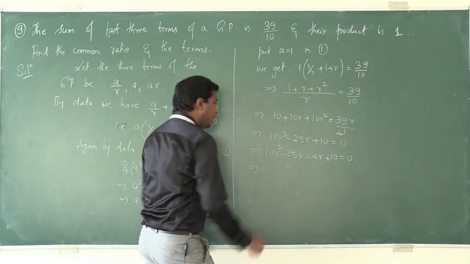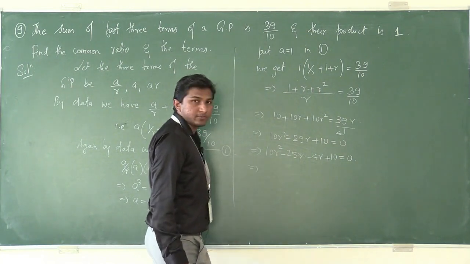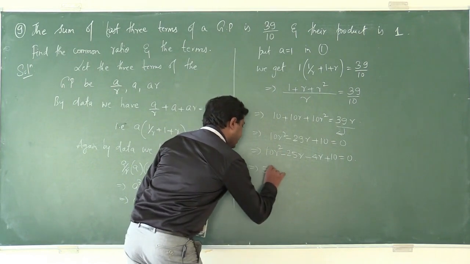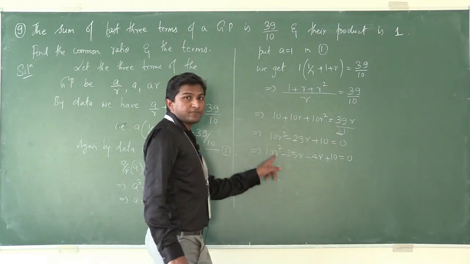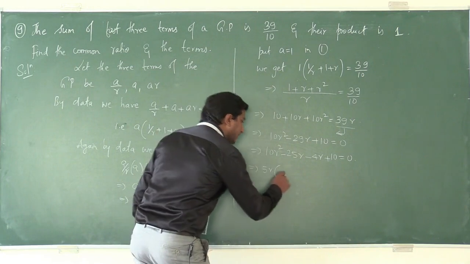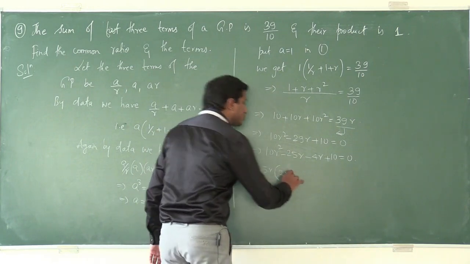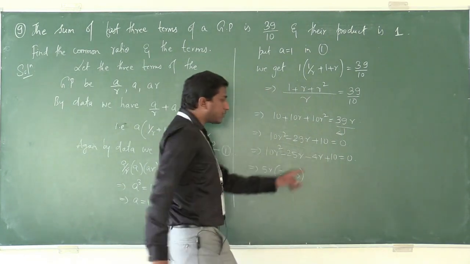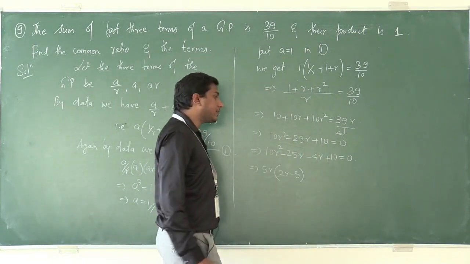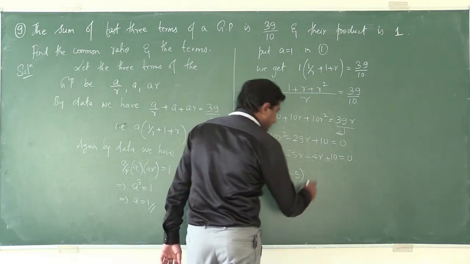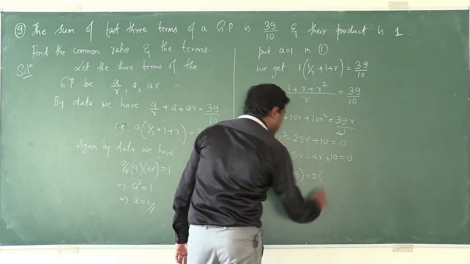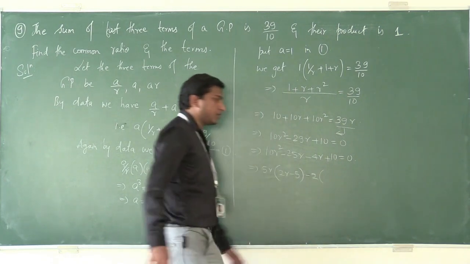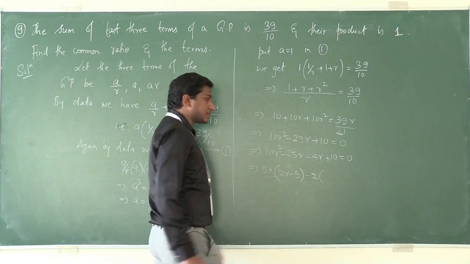Then from the first two terms I can take 5R common. I am left with 2R minus 5. Then from the last two terms I can take minus 2 as the common factor.